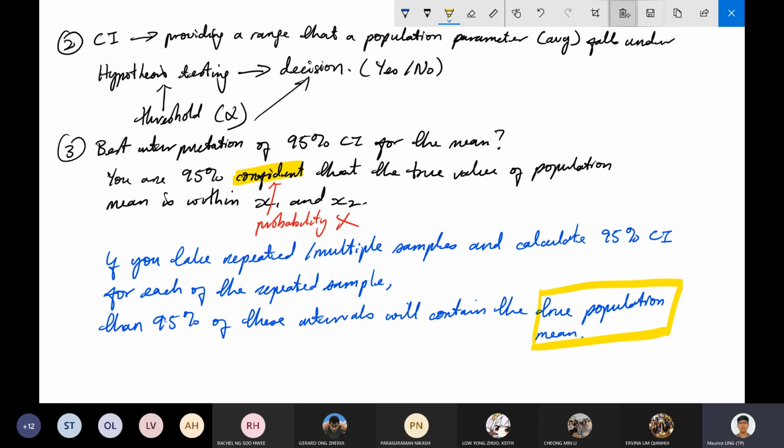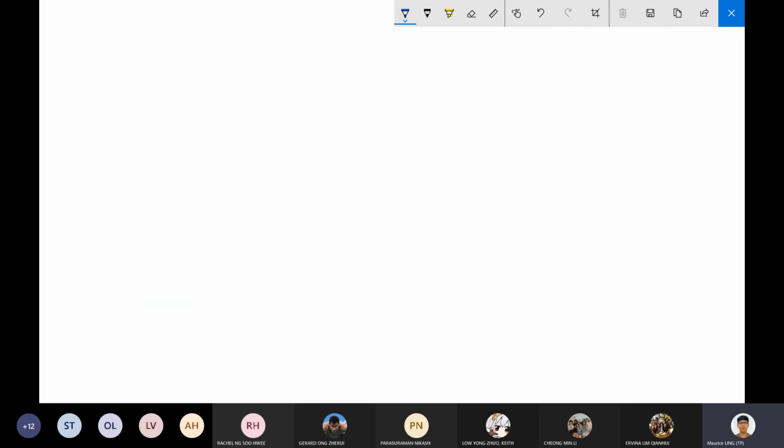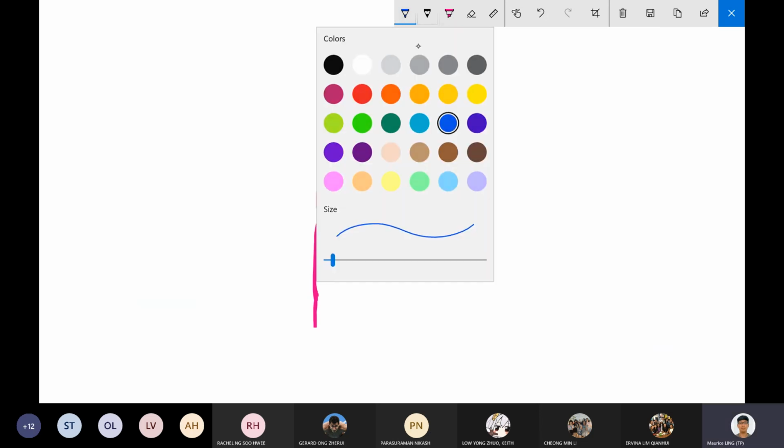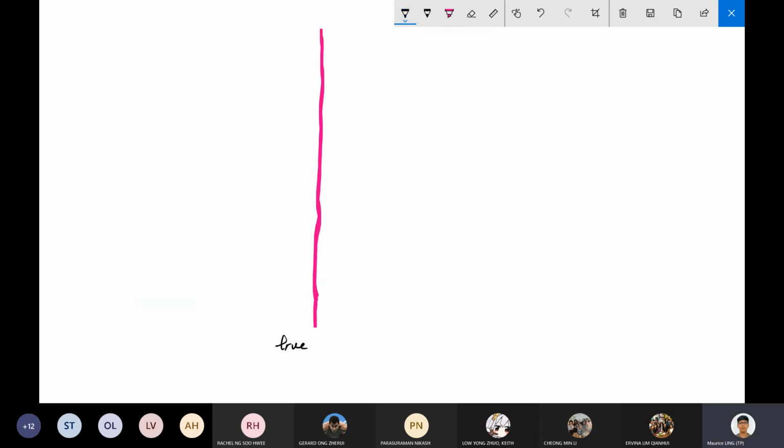Let's say this line represents the true population mean, whichever value it is.